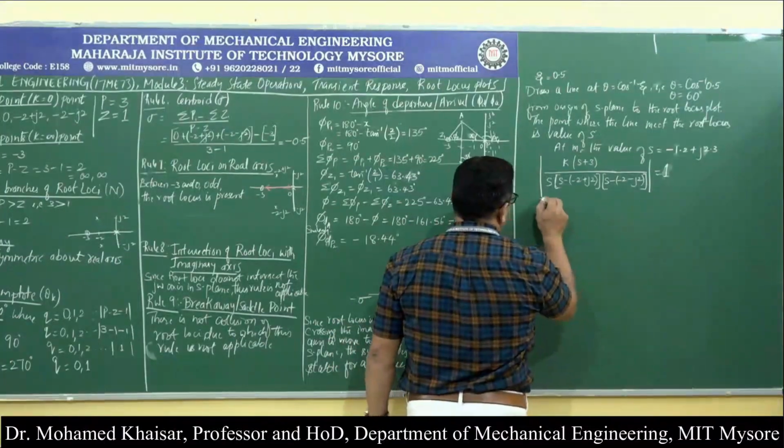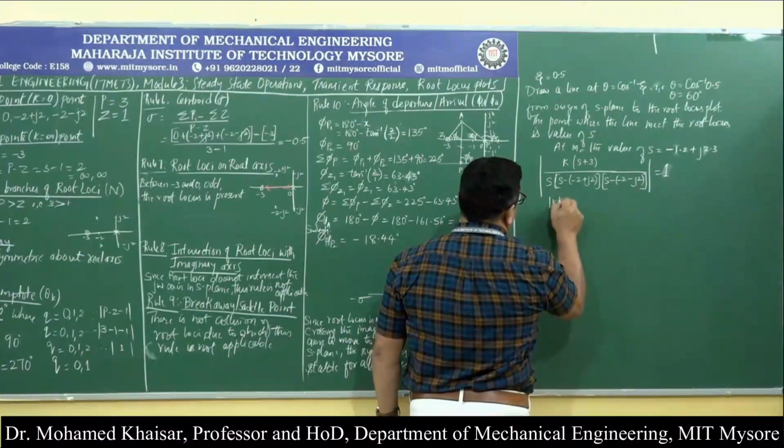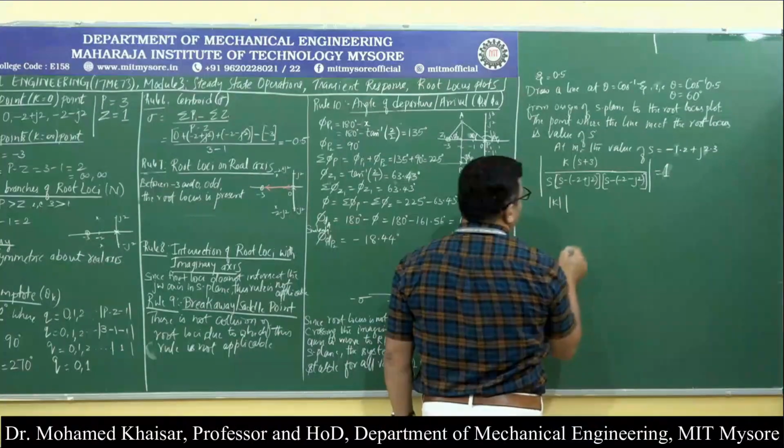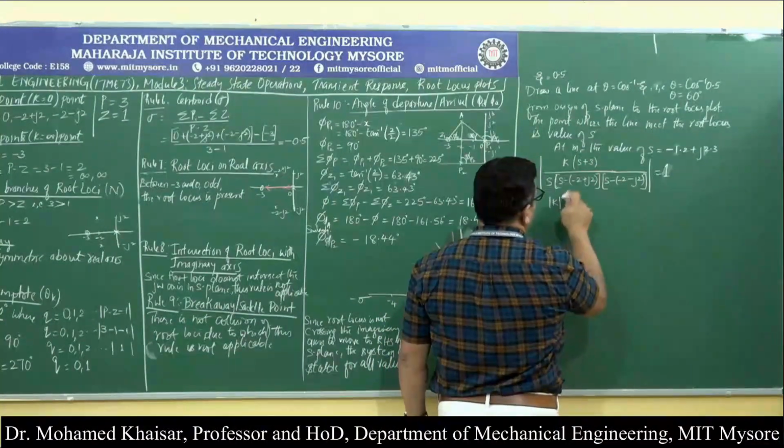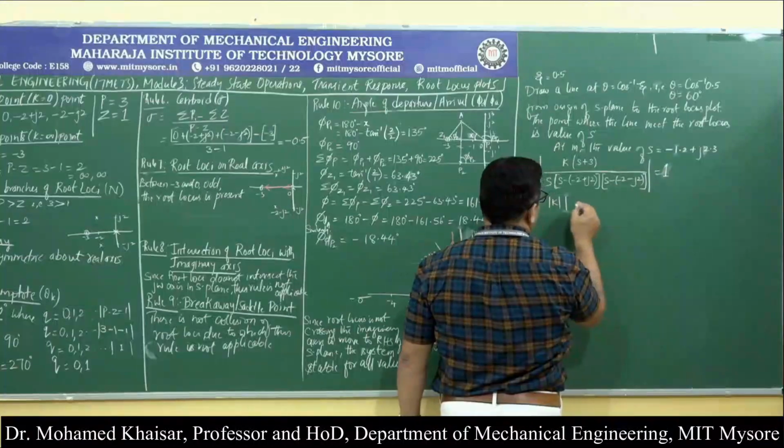So what we will get over here is modulus of K, then modulus of, in place of S we will write minus 1.2 plus j2.3.